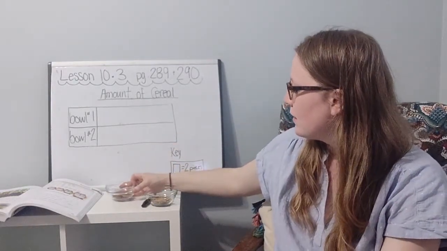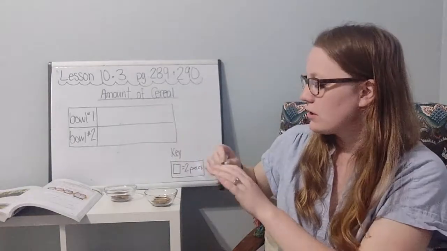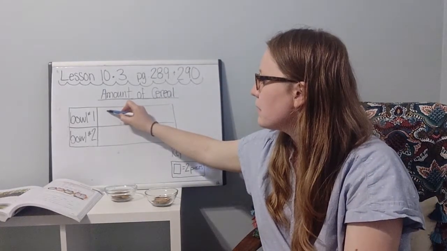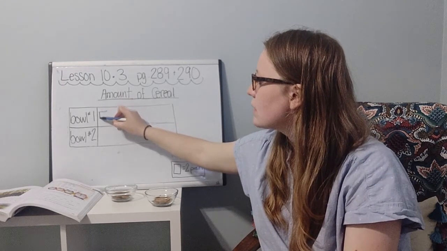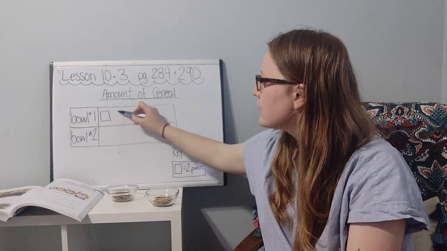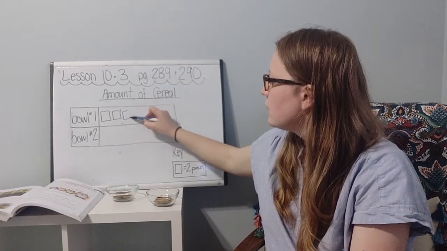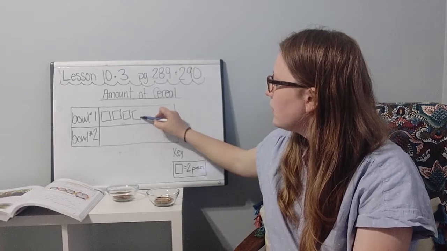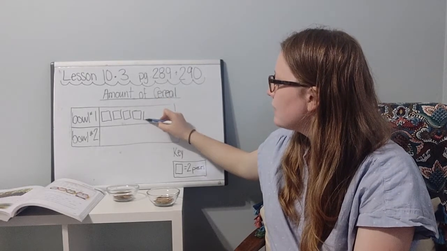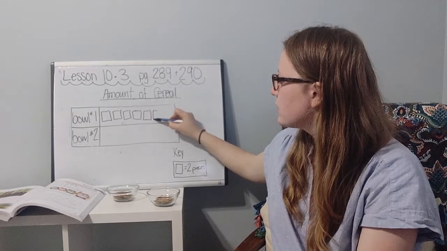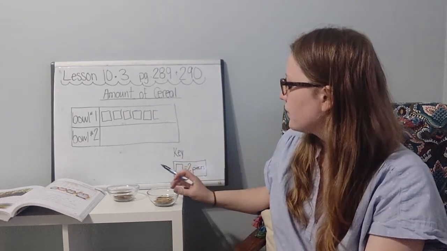So I need to make sure that I am drawing enough for 11 pieces. Help me this time. Every single time I draw a square, count by twos. 2, 4, 6, 8, 10, and I don't have a whole other 2, which means I need to draw half a square.